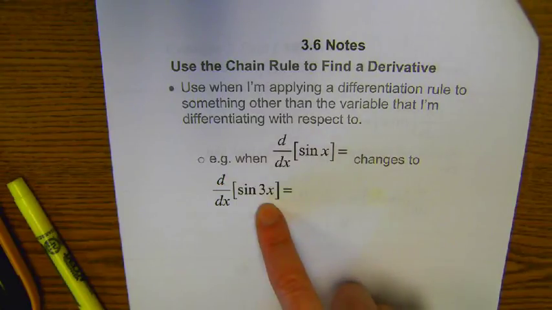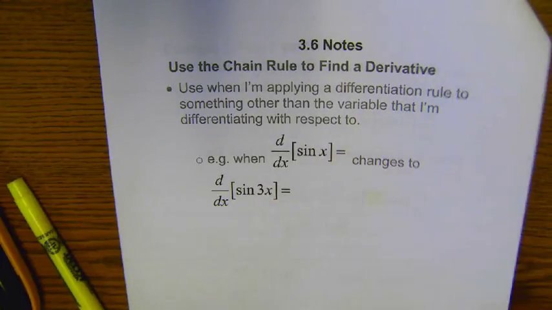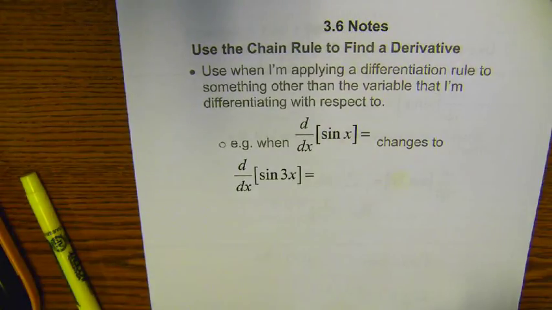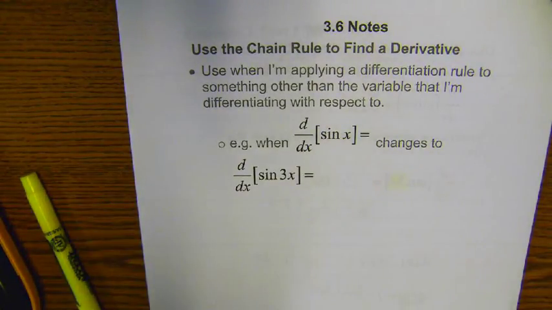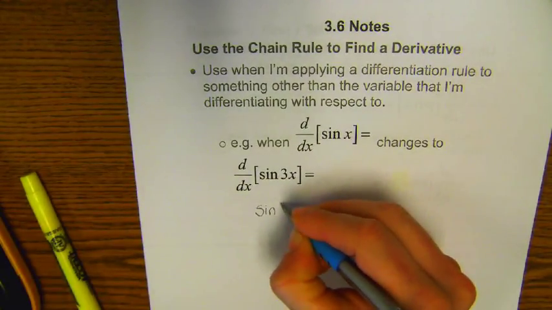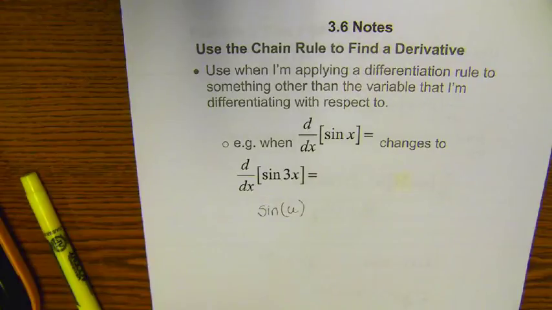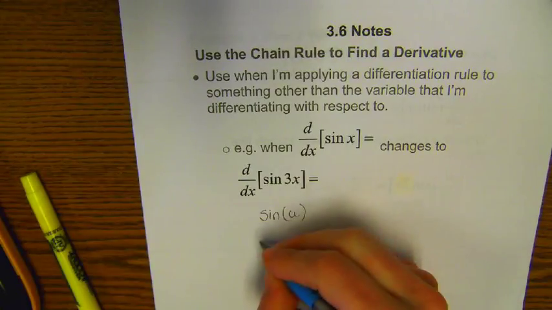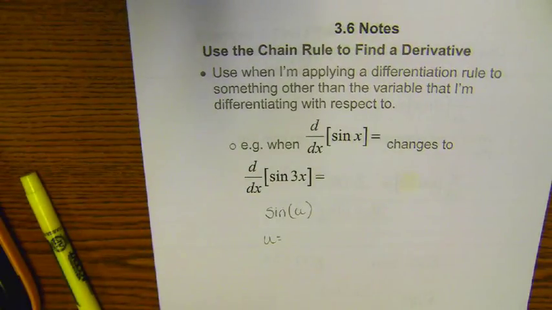like I just showed you, okay? So what the chain rule then really says to do, and I'm going to write it this way and then I'll carry it on the other side, is it's almost like I'm going to pick another letter, u, okay? What does u equal though? Careful. 3x, okay.